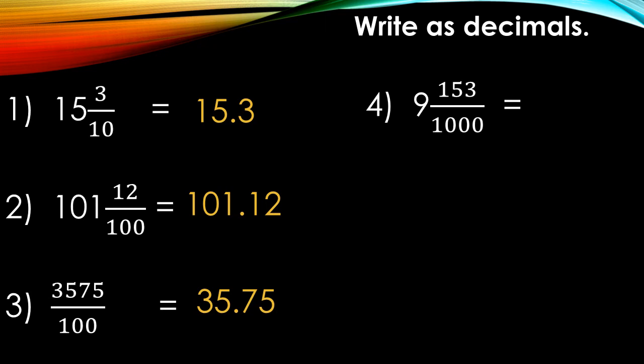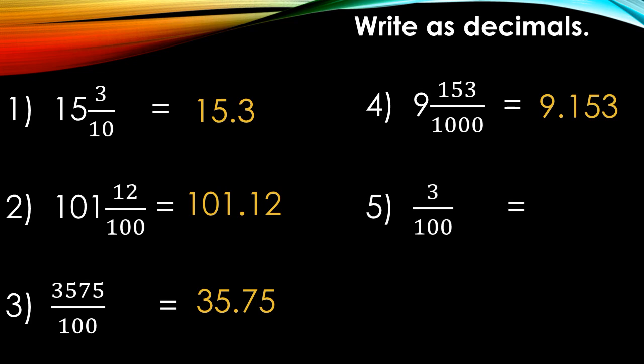See, in this question, 9 is a whole number. So write 9 as it is. And tell me, how many zeros in the denominator? Yes, 3. So in the numerator, count 3 digits from the right and put decimal. So the answer is 9.153.